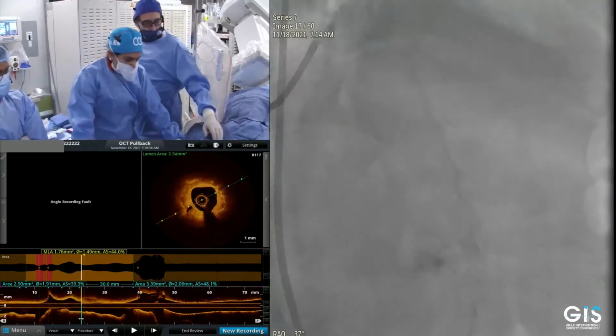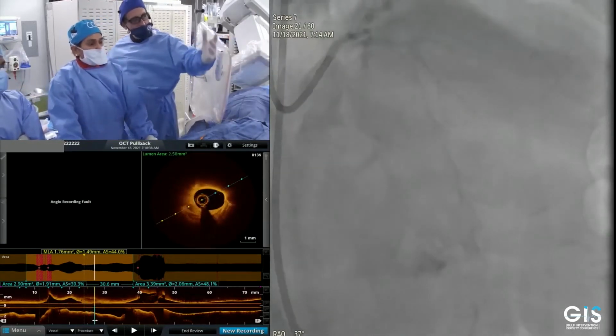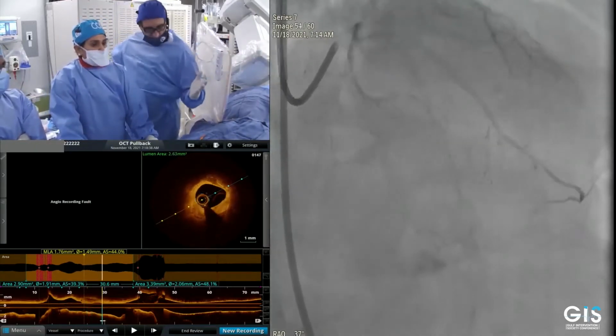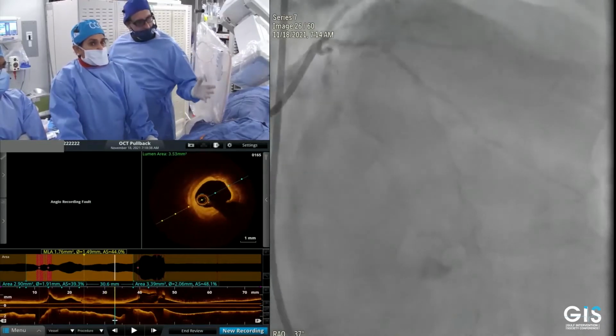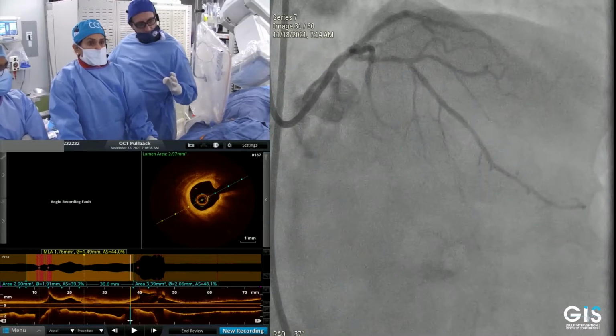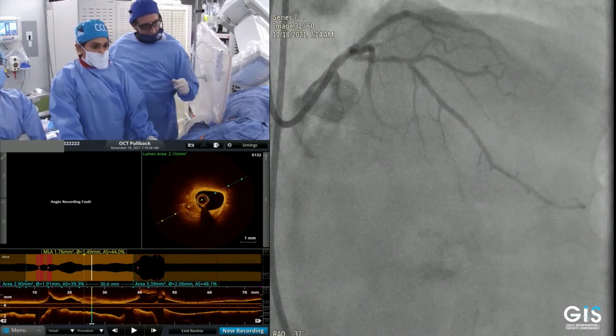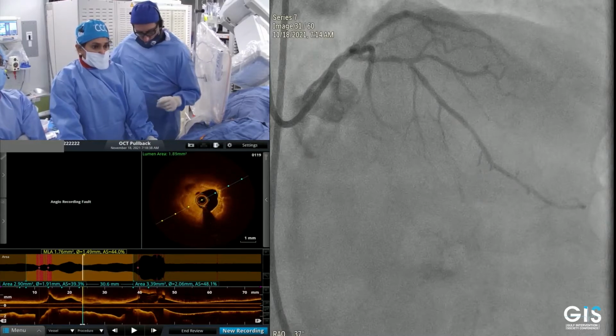When you see a lot of calcium before we even inject, that is definitely severe calcium. This is a large vessel with a lot of deep, dense calcium in many areas, over 180 degrees, nearly 270 degrees, three-quarters, and a very high calcium score by the OCT.